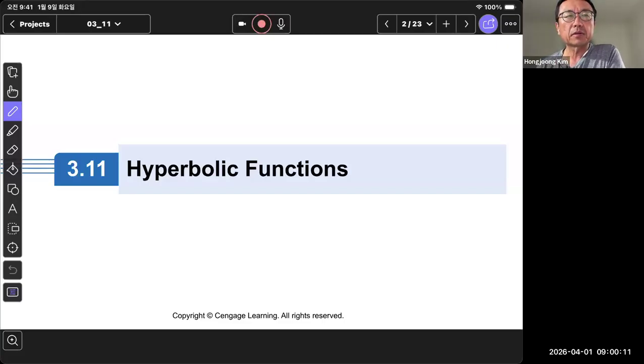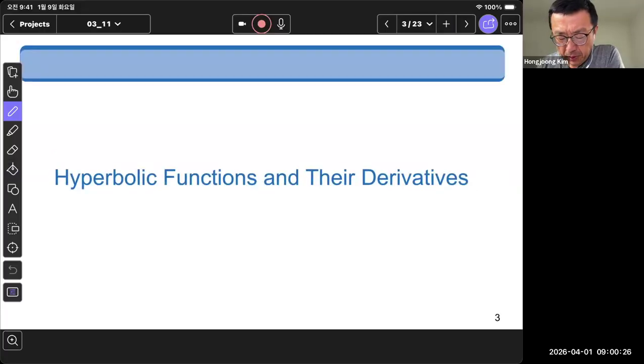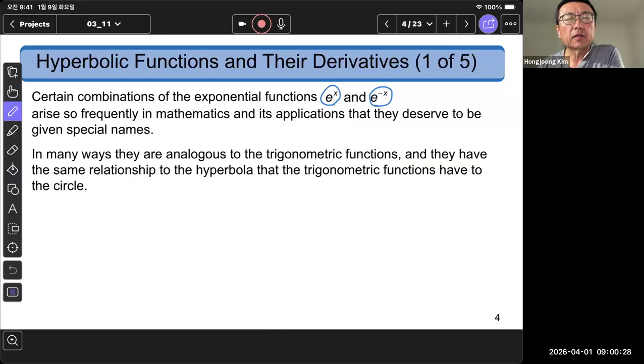So we consider the hyperbolic functions. Since this topic seems to be new to many students, let me go over some definitions and some key properties of the hyperbolic functions. The hyperbolic functions are derived from the exponential functions e to the x and e to the negative x.